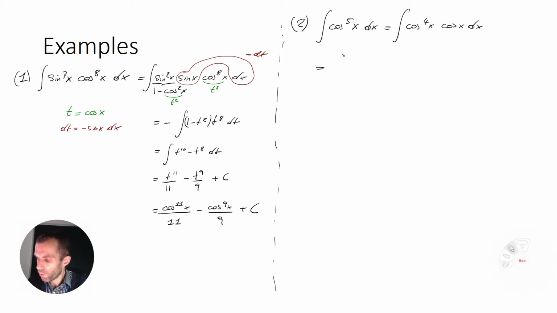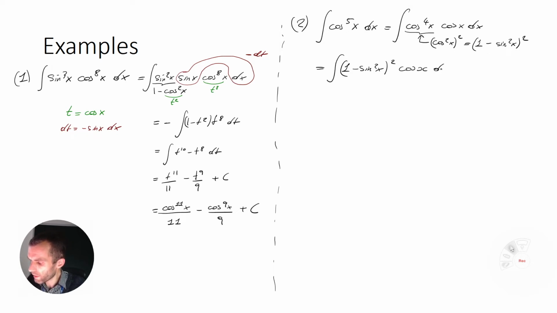And so what I can do to get to that point is I can look at the cosine to the power 4. So that's cosine squared squared. And I can turn it into a bunch of sines by writing this as 1 minus sine squared x, squared. So I get 1 minus sine squared of x, squared, cosine x dx.